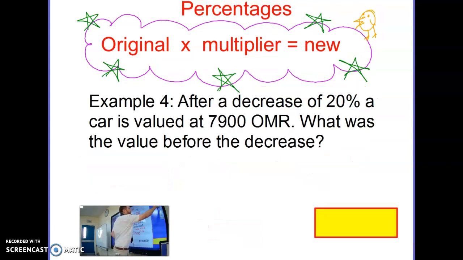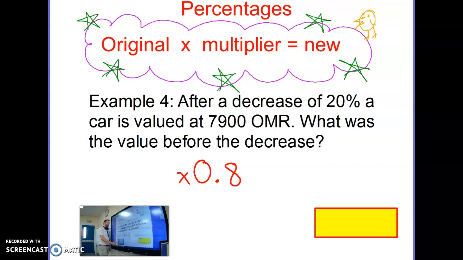Let's have a look at a decrease example. So here we go. After a decrease of 20%, a car is valued at 7,900 Omani Riyals. What was the value before the decrease? Well, decrease of 20%, I'm going to skip ahead here. Hopefully you'll work out that 100 minus 20 is 80%. So my multiplier is 0.8.